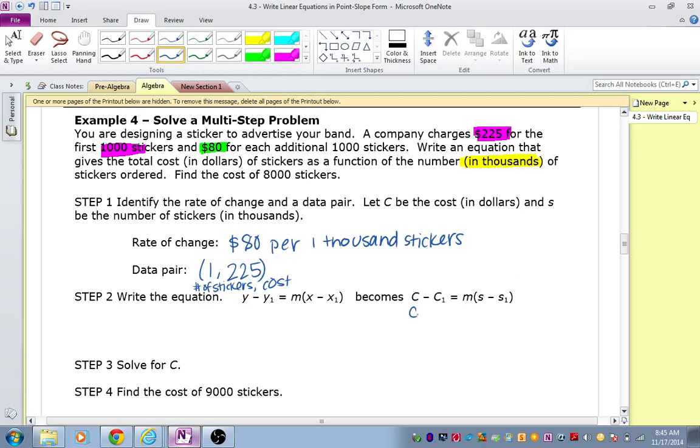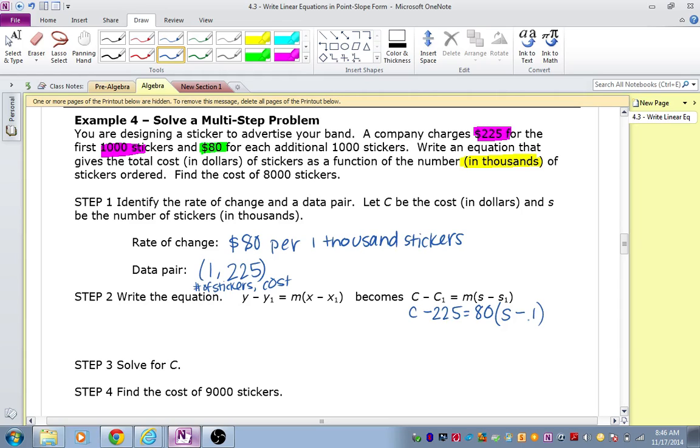So we're going to say C minus, and our first C was $225, equals $80 is the rate of change, times S minus 1.